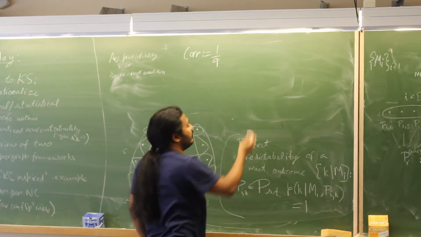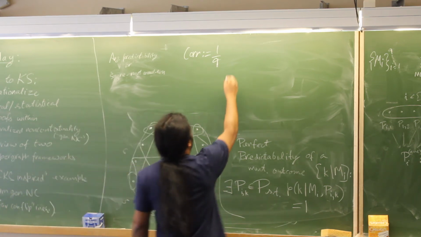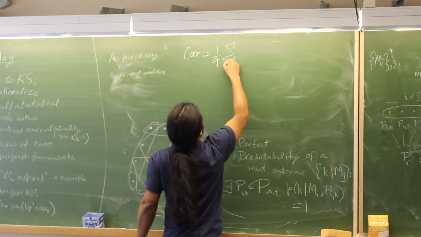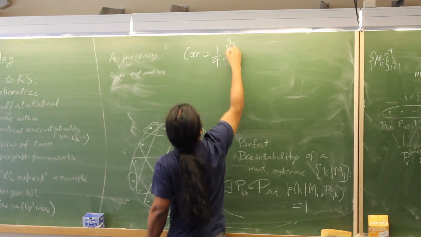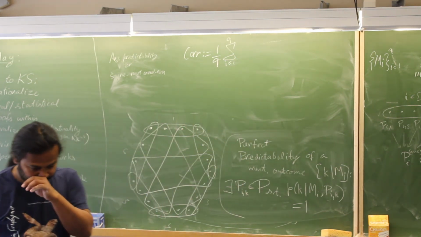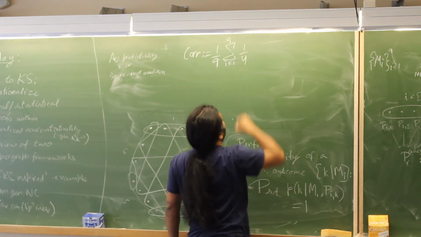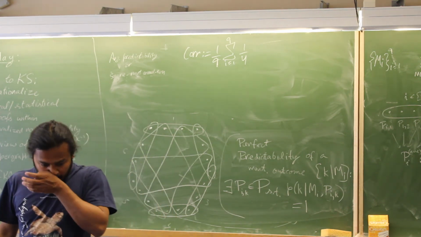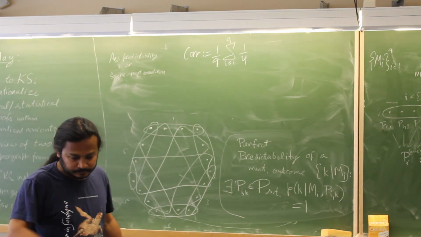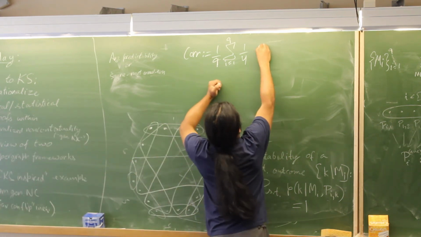So pick some i with probability 1 over 9, and then for each i, with a 1/4 probability, well, okay, maybe this doesn't make such a nice reading.